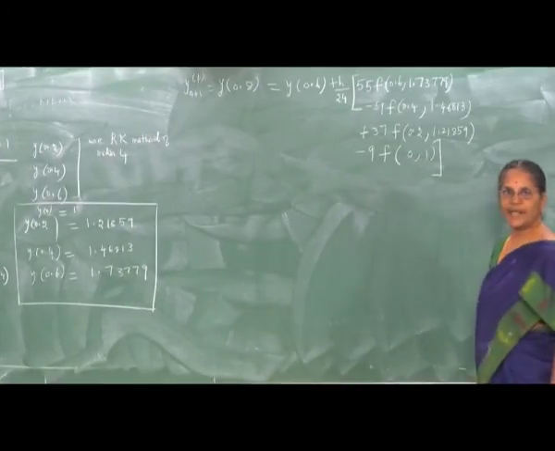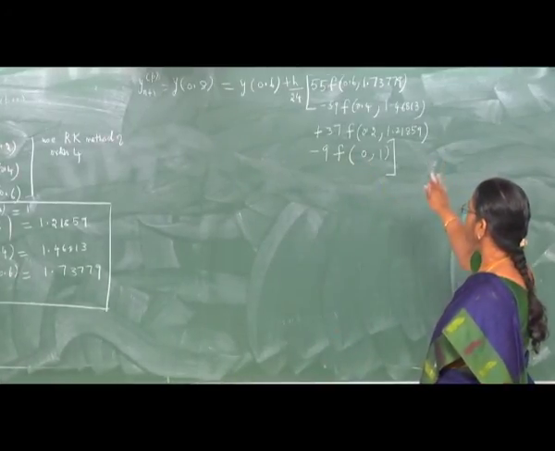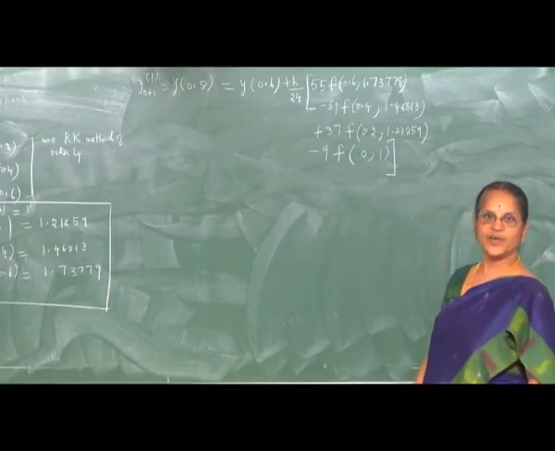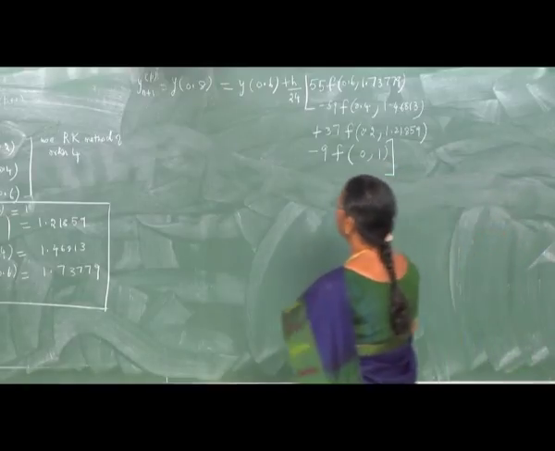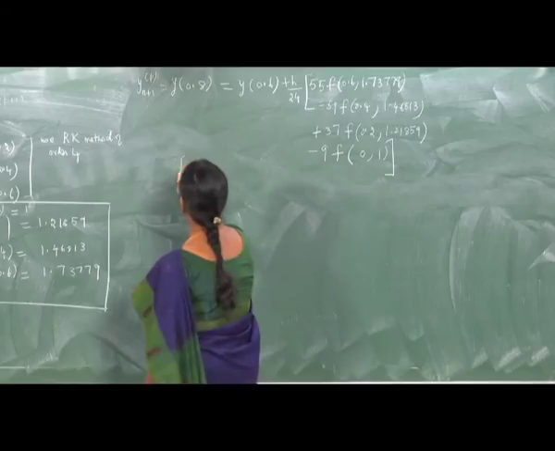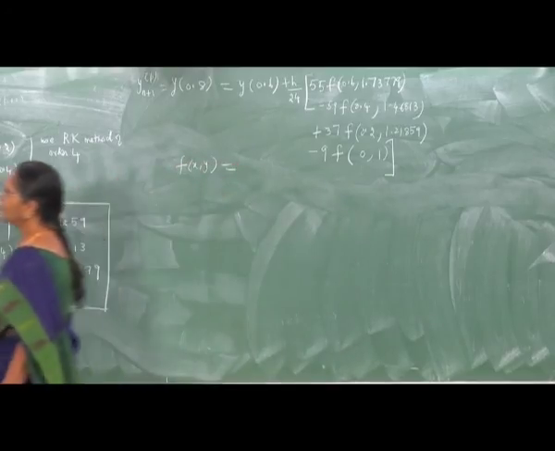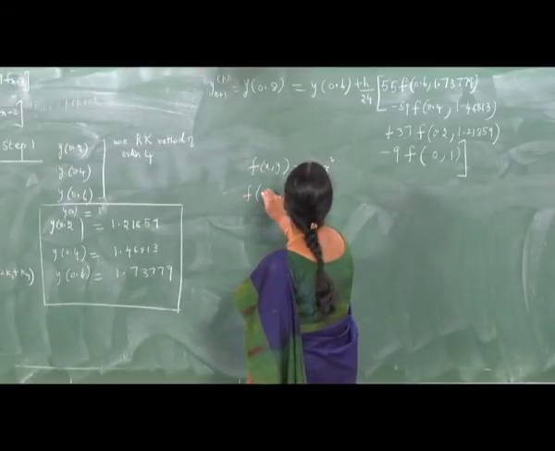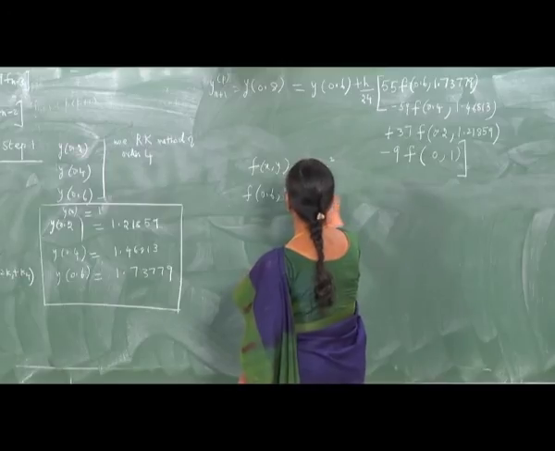So, it is always better to write down using the formula what it is that you want, and then evaluate these functions at these points and then simplify to get the answer. So, let us find out what f of x comma y is. The problem tells you that f of x comma y is y minus x square. So, you require f at 0.6 and y is 1.73779.